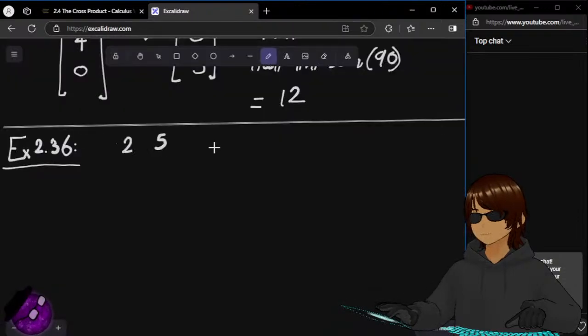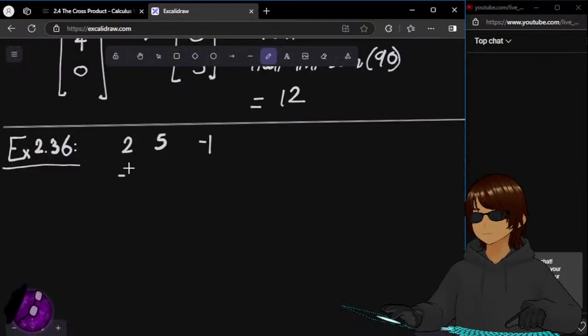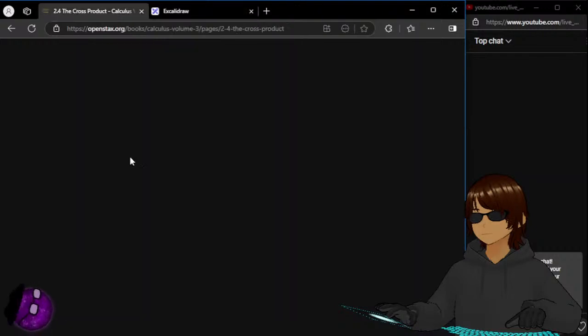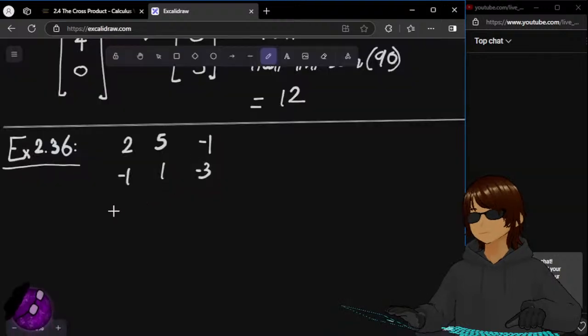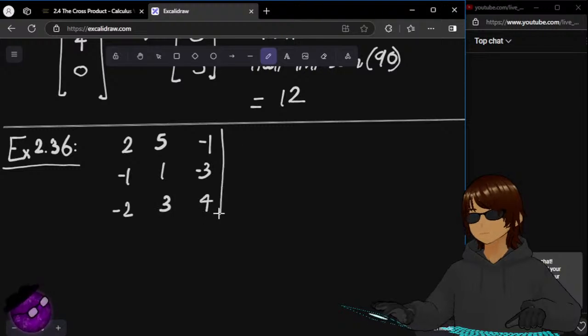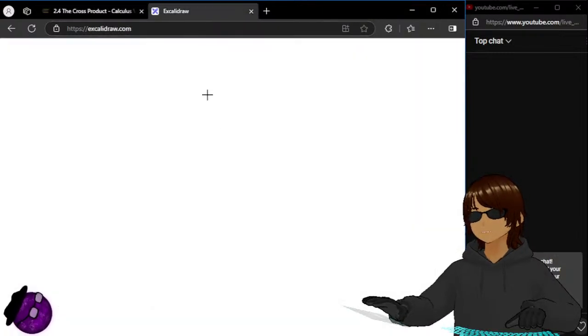The matrix has rows 2, 5, minus 1; minus 1, 1, 3; and minus 2, 3, 4.